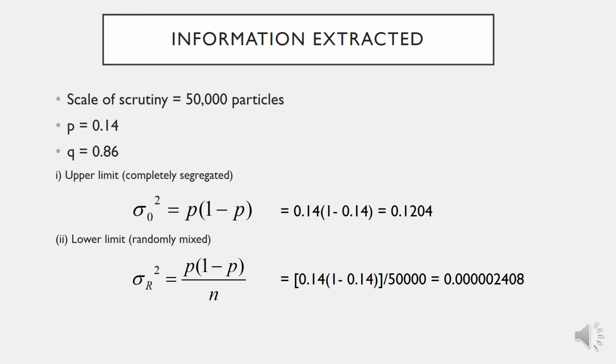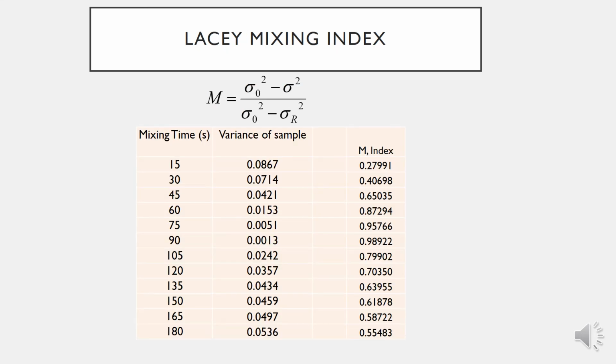All right. So we can start to calculate our Lacey index. This is our starting point, this is our end point, and this is the variance which we measure in the table given by the question. This is the sample taken from the mixture every 15 seconds, and what we collected we put in here, and we should be able to get our mixing index as such.